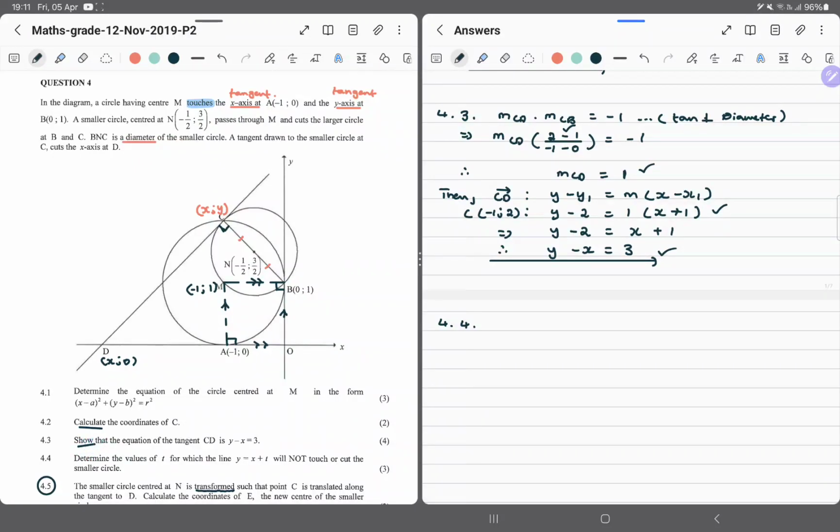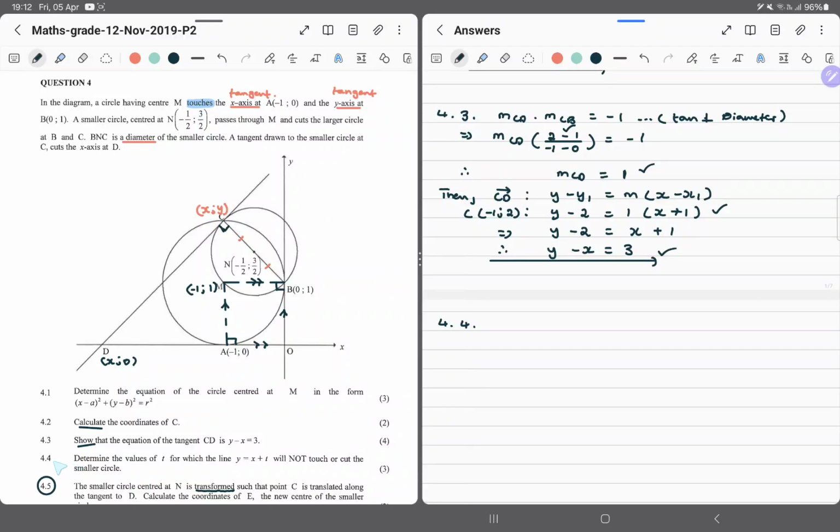When it says show, you do not have a choice. When it says calculate, you do not have a choice. But a question that says determine is a bit open-ended. You can do it by inspection, you can do it by calculation, or any means necessary.